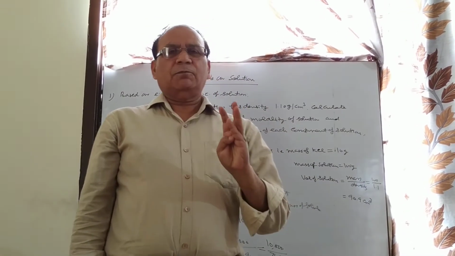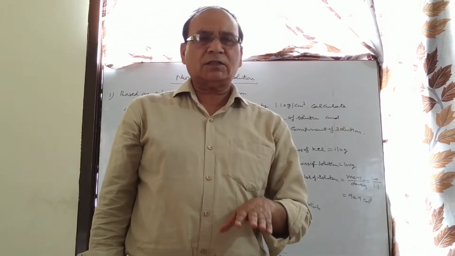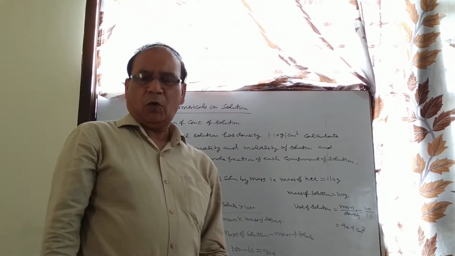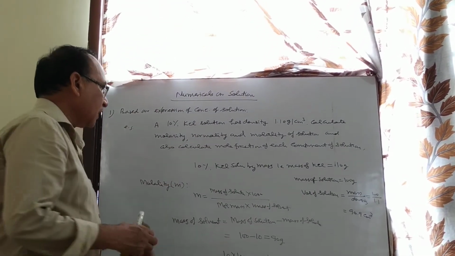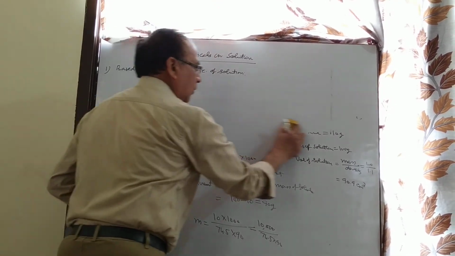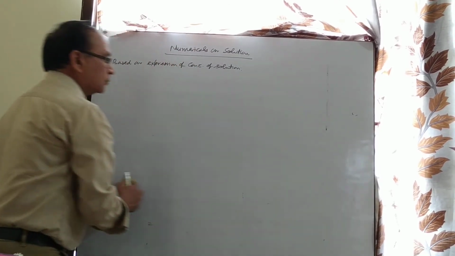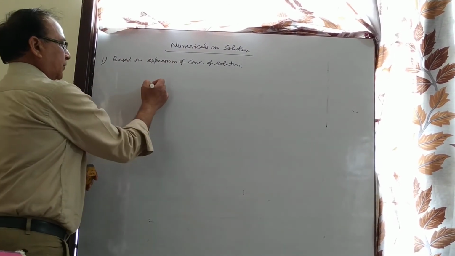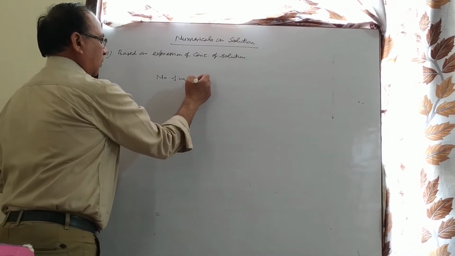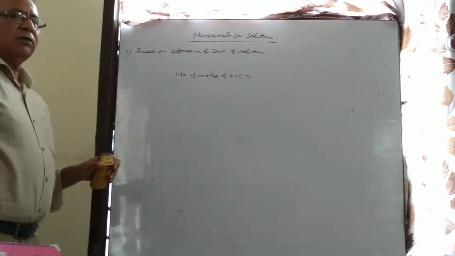So to calculate mole fraction of KCl in water, first of all we should understand what is the number of moles of KCl and water. So first of all we will calculate the number of moles of KCl and the number of moles of water. So number of moles of potassium chloride: what is the formula to calculate number of moles?